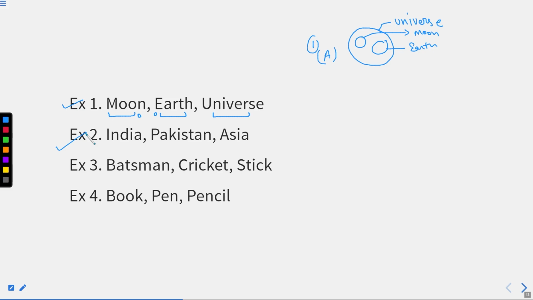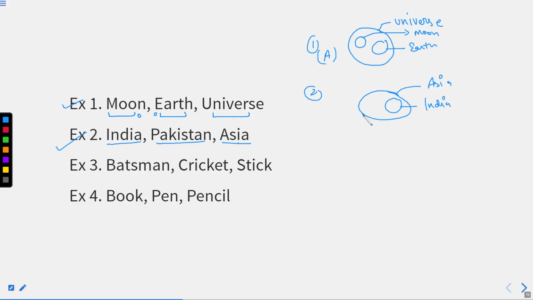Now we'll move to question number 2, that is India, Pakistan and Asia. We know that Asia is a continent, Pakistan is a country, India is a country, and both are present in Asia. Again, for the second question, if I consider this as Asia, within Asia I know India is there.